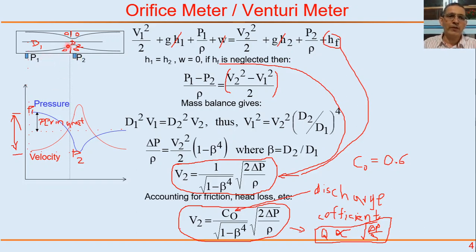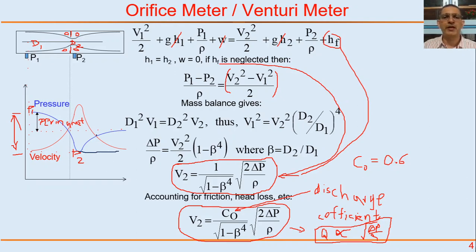But because of the orifice, because of these vortices, there is a large pressure drop, and if beta is small, the permanent pressure drop can be as large as the differential pressure drop, which means this blue line would be like this. There is practically no recovery of pressure.